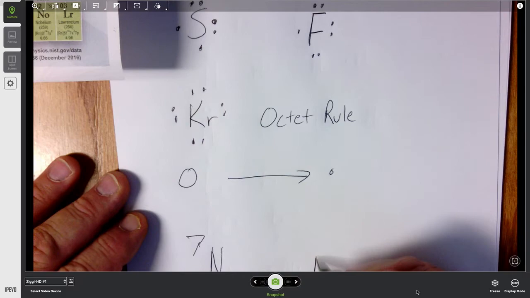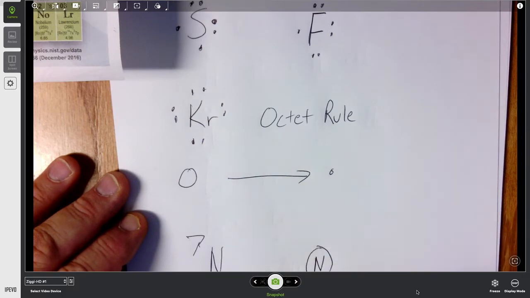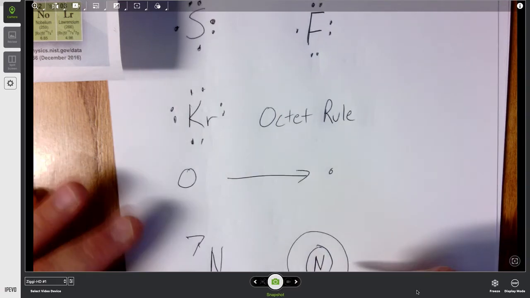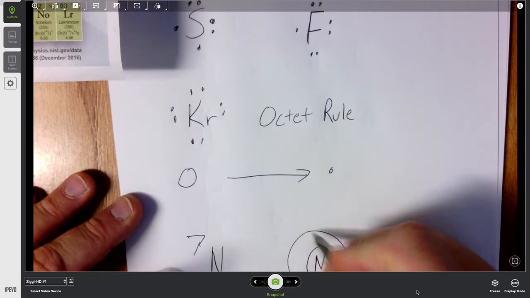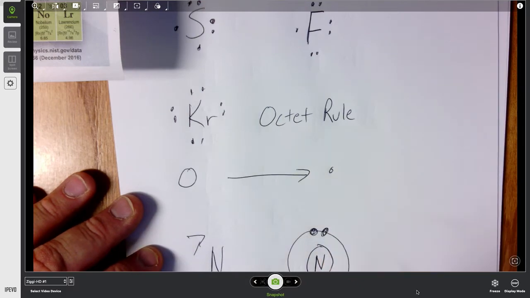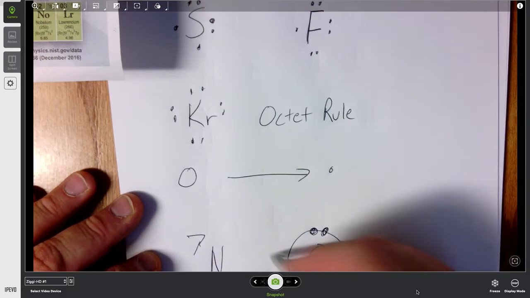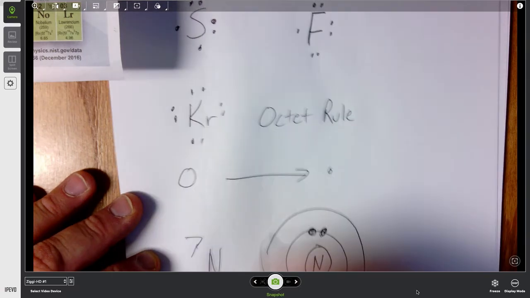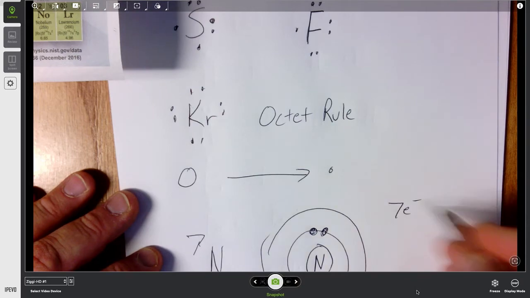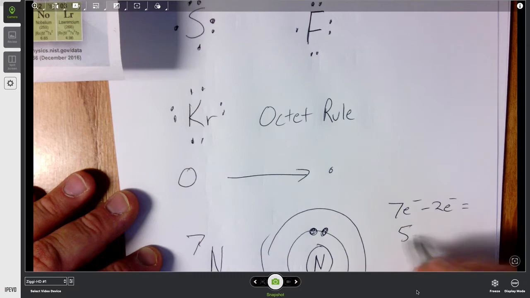And right now, all I'm going to do is just put the nucleus with the symbol in it. First energy level for nitrogen. The first energy level can only hold 2 electrons, okay? Nitrogen's on the second row, which means it has 2 energy levels. 7 electrons minus 2 electrons is 5 electrons.